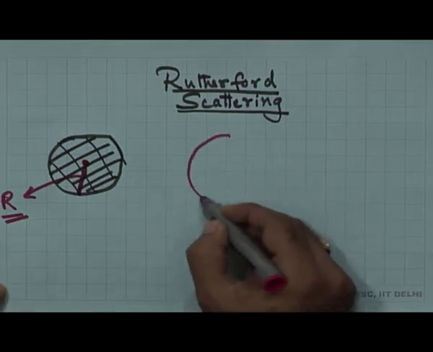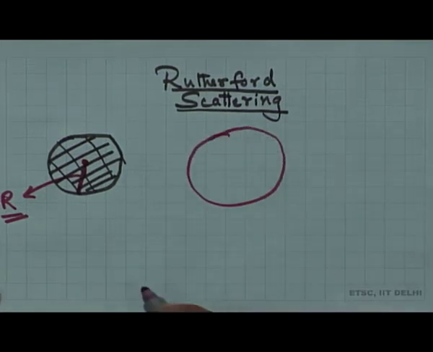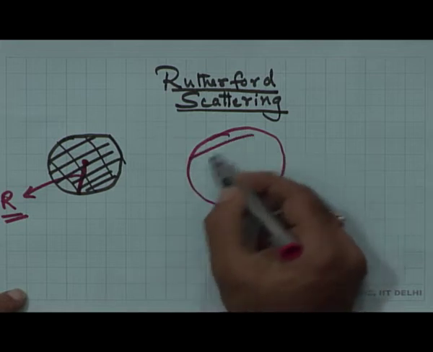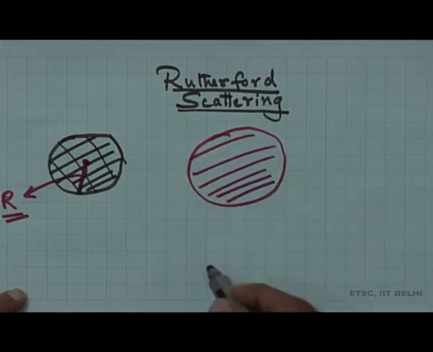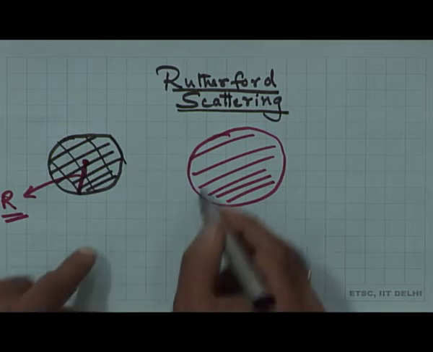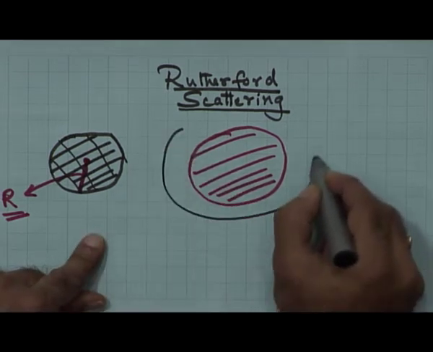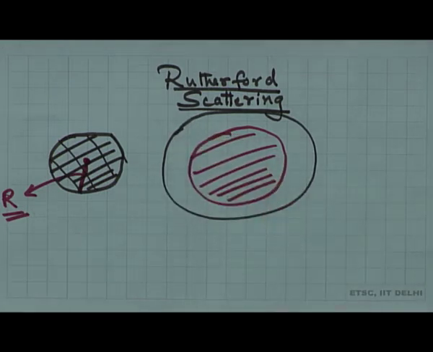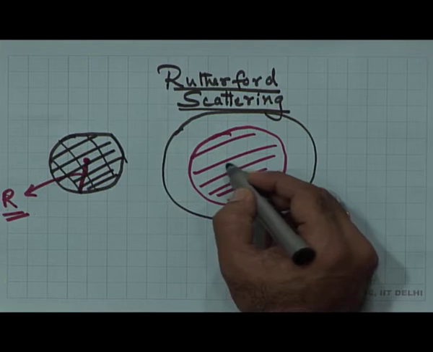In fact, it is all right even if you look at the scenario where my positive charge is contained in a certain region or volume, and it is perfectly possible that the atom has this size. That also we can assume. What about the electrons?